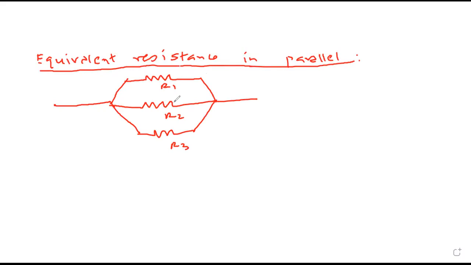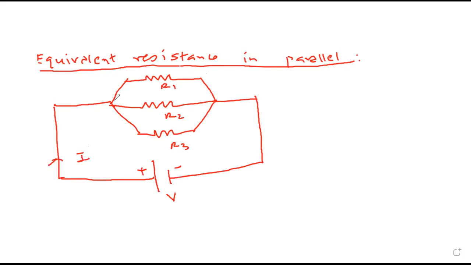Consider 3 resistors R1, R2, R3 connected in parallel across a battery of voltage V to supply constant current I. At point A, current I gets divided into 3 parts. I1 flowing through R1, I2 flowing through R2, and I3 flowing through R3. This current will add up here and again become I and flows in the external circuit.